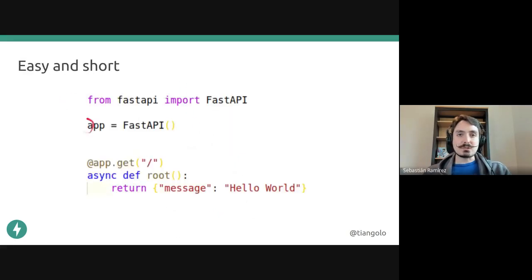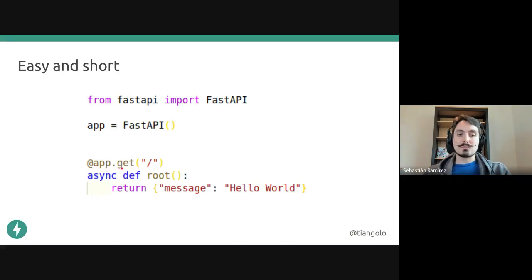FastAPI is easy and short, so it's very simple and easy to get used to it. This is a full FastAPI application. This is already a complete application. So from fastapi, we import the FastAPI class. We create an app, which is an instance of this class. And then we use this app to decorate some functions like this one. So we use this @ symbol, which is to make a decorator, that's the name of that.